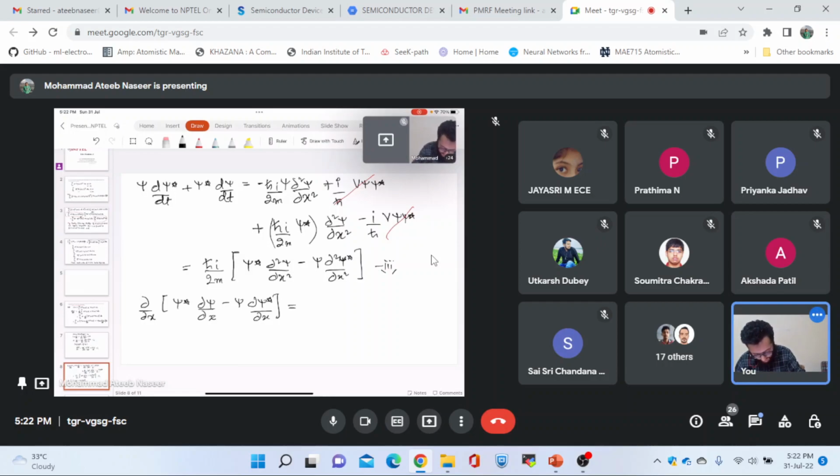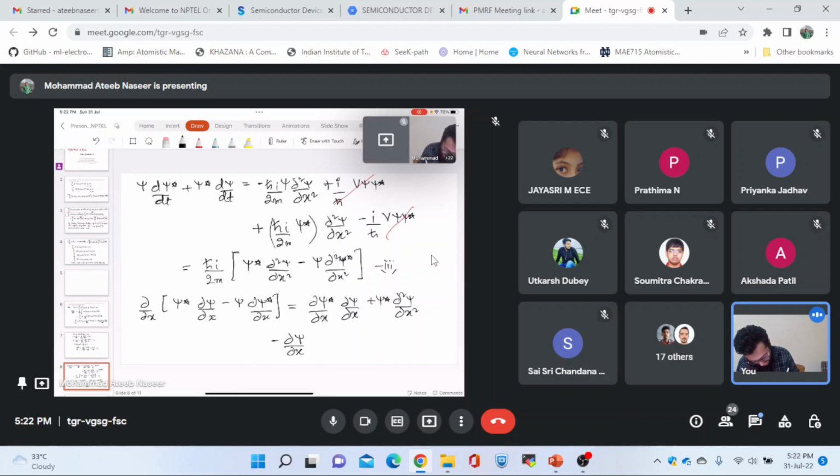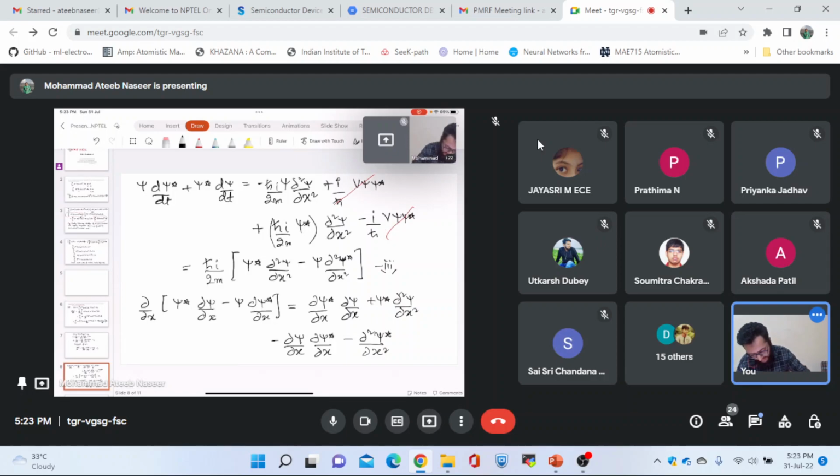If we use the product rule, we will be getting dψ*/dx times dψ/dx plus ψ* d²ψ/dx², and the second term will simply be minus dψ/dx times dψ*/dx minus ψ d²ψ*/dx². So we have just tried to manipulate this by using the ∂/∂x.